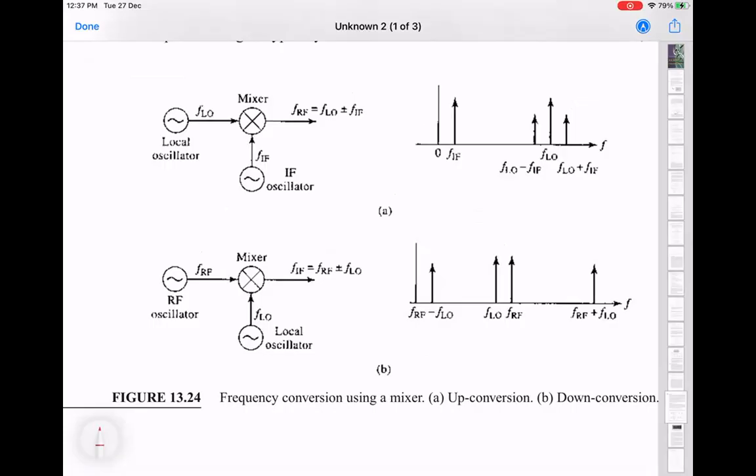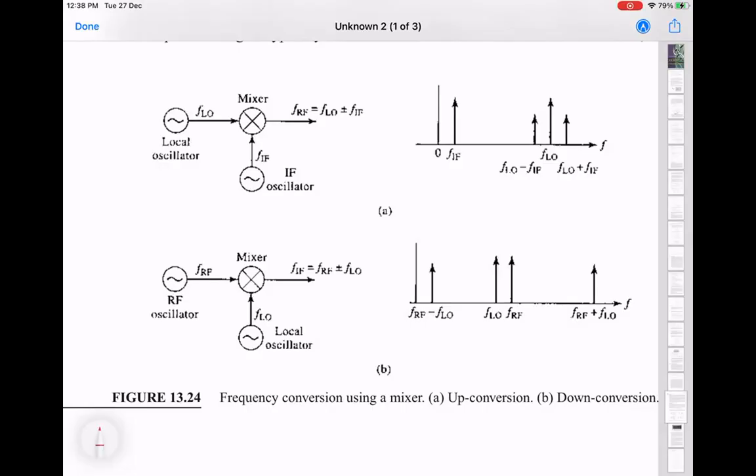LO stands for local oscillator. Then there is the IF port, where I stands for intermediate and F stands for frequency. It's intermediate frequency. You'll see why it is called intermediate frequency. And then the output in the top case is called the RF port. Okay, it's just they were not being very intuitive about this.